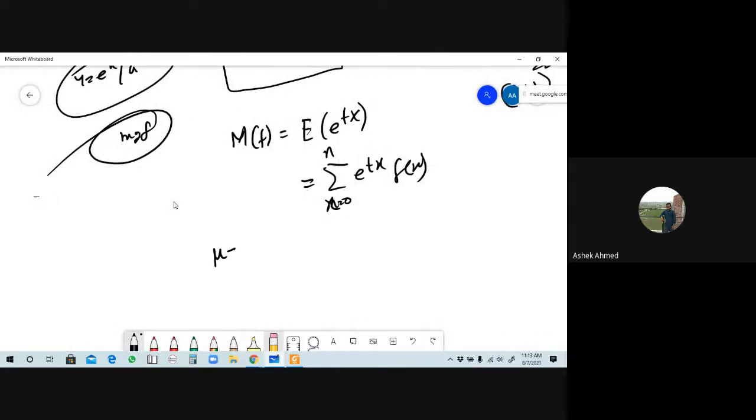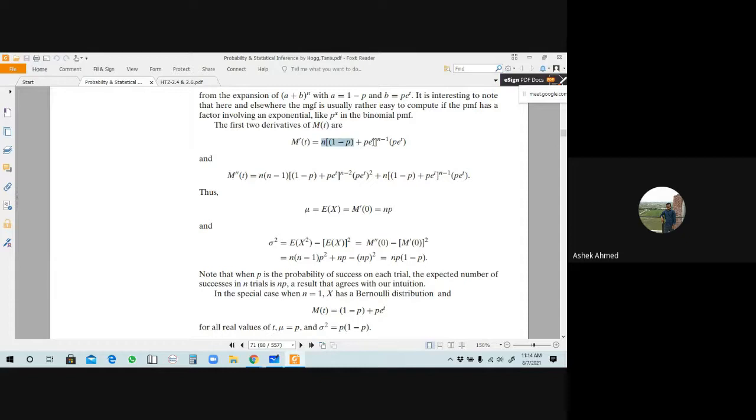We know that the mean is M prime of 0 and the variance is M double prime of 0 minus M prime of 0 whole square. Okay, this represents the variance here and this represents the mean. Okay, so if you differentiate M of t then you will get this here and this is the value of M double prime of t.